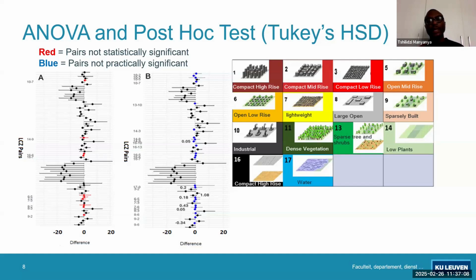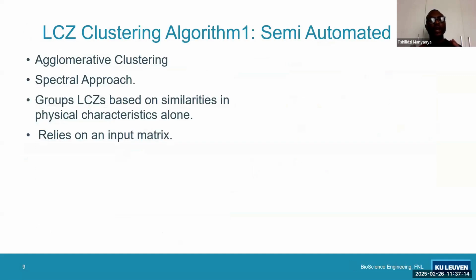And so having highlighted so many pairs that do not meet the 1 degree practical threshold, we introduced clustering algorithms, where the first one was a semi-automated algorithm, which is an agglomerative clustering algorithm. It's a purely spectral approach in that it groups these local climate zones based on the similarities in their physical characteristics alone.